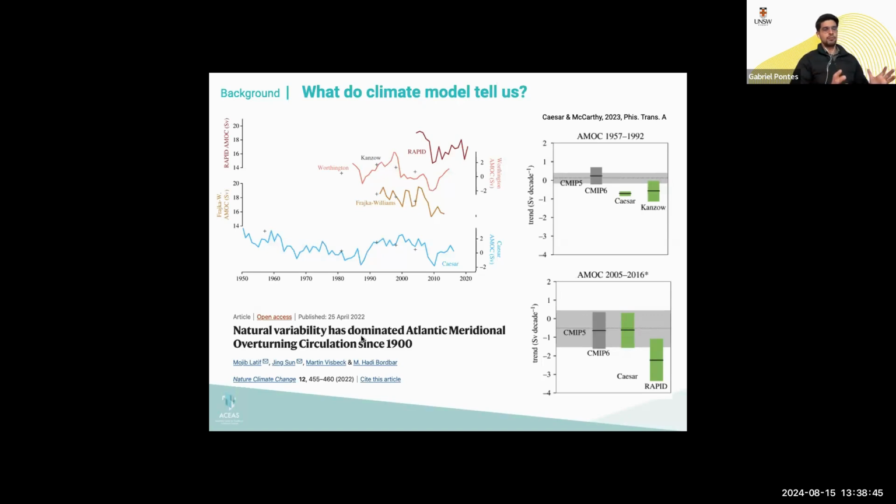So based on this disagreement between model and data, what we did was try to reassess those surface fingerprints of the AMOC in idealized simulations, to try to understand the processes that could lead to important fingerprints of the AMOC, and whether we could extract information that would give us some clue of what is going on with the AMOC.